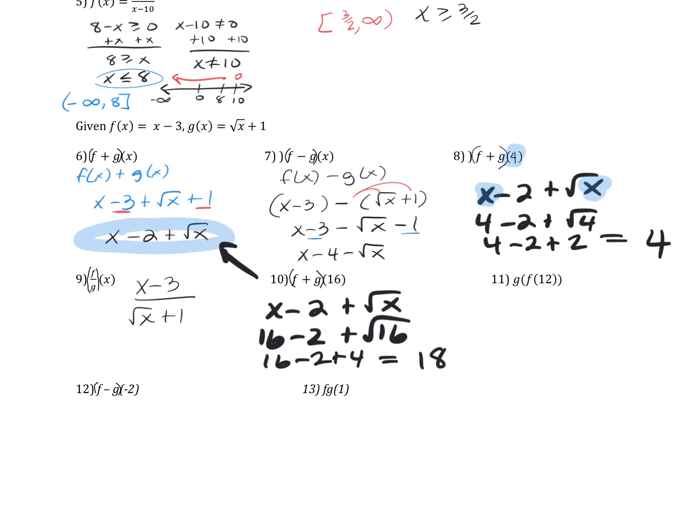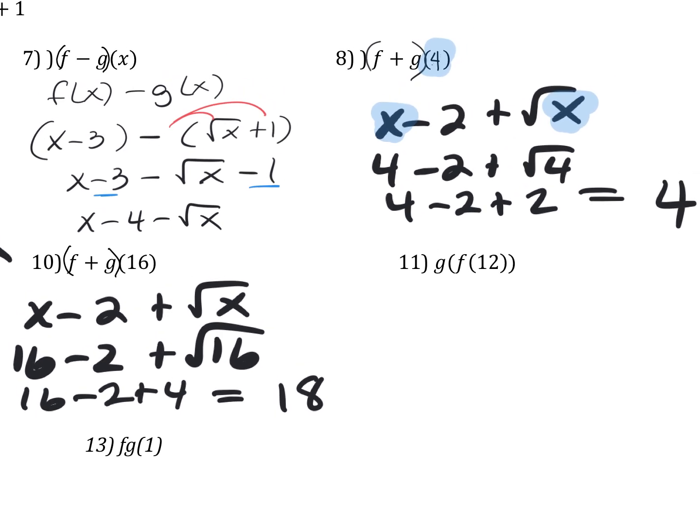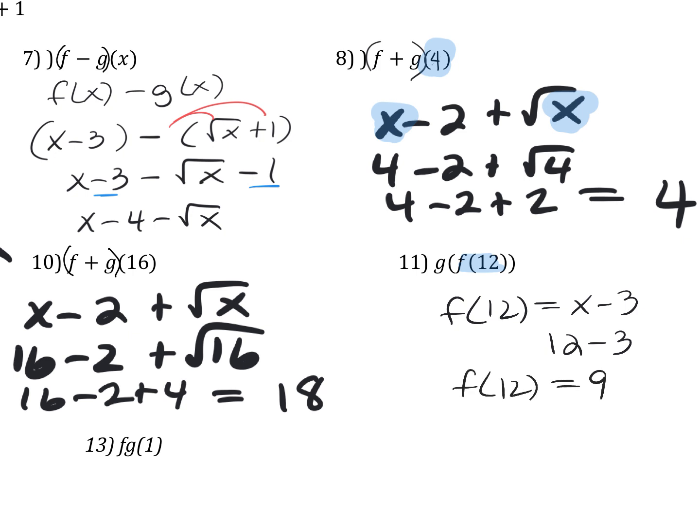Now this one was a little different. What they wanted you to do was take the f of x function and plug in 12. So remember, you're going to first do f of 12. So the f of x function was x minus 3. So I'm going to replace x with 12. And then I get f of 12 to be equal to 9.